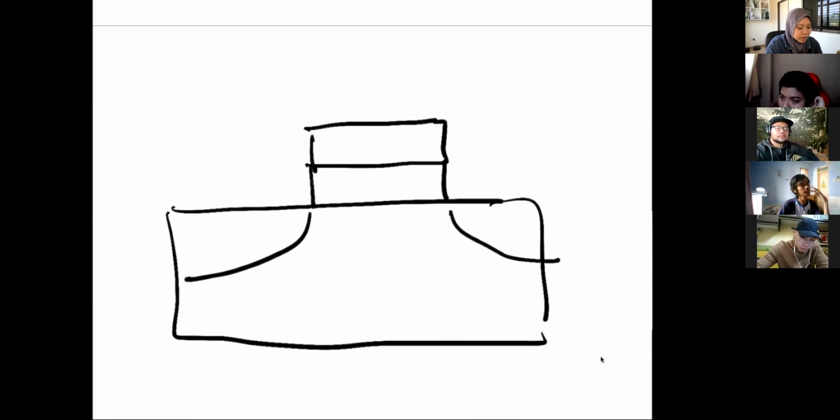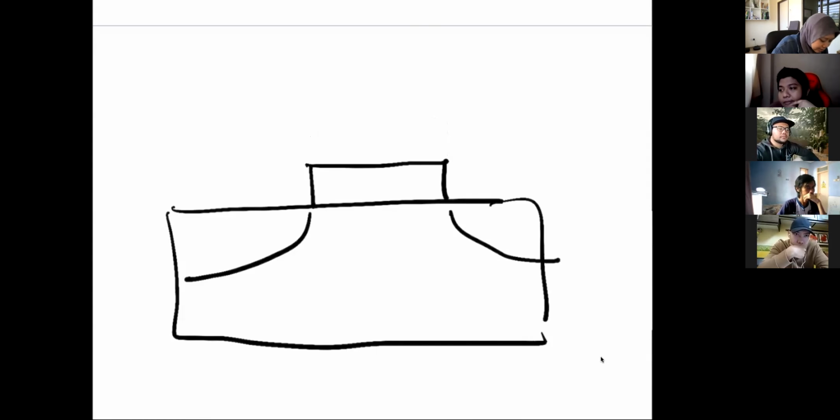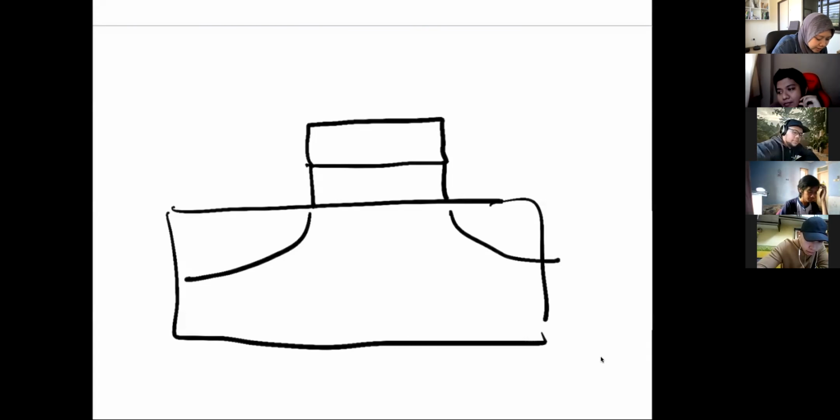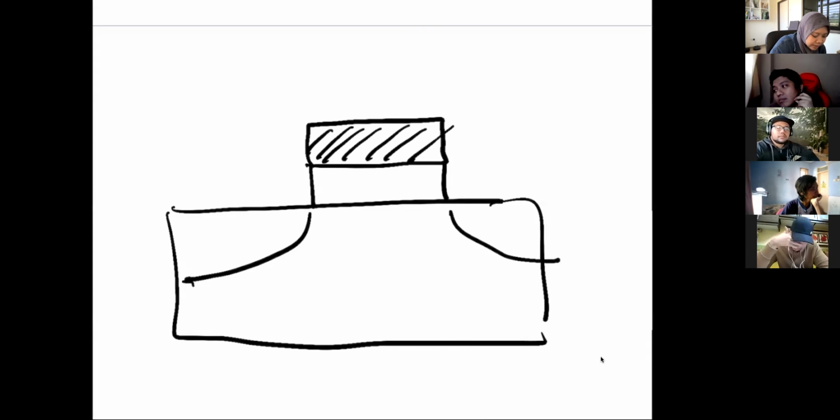They omit the oxide layer. They draw it like this. Then of course it's wrong. Zero straight away, because the MOSFET will not work without the oxide layer. The name itself is MOSFET, metal oxide semiconductor. So you have the gate, you have the oxide, and this is your MOSFET.